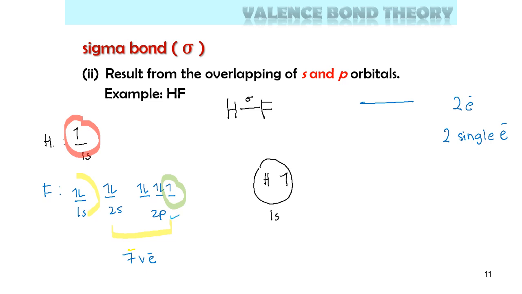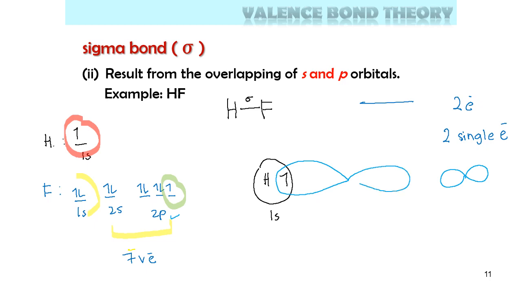Did you still remember p orbital, you have the shape of dumbbell. So for the orbital here, you need to draw in dumbbell.